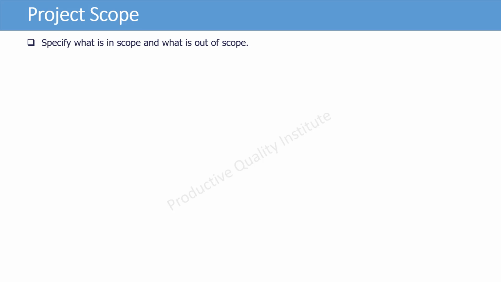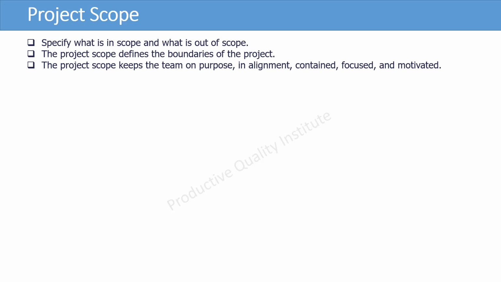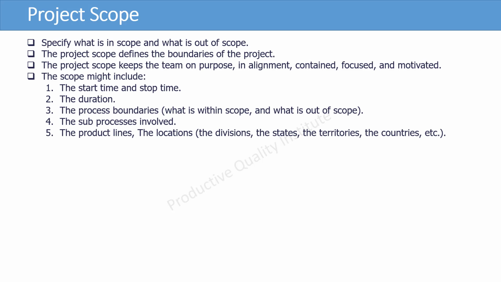To design a correct project scope, specify what is in scope and what is out of it. The project scope defines the boundaries of the project. The project scope keeps the team on purpose, in alignment, contained, focused, and motivated. The scope includes: 1. The start time and stop time. 2.